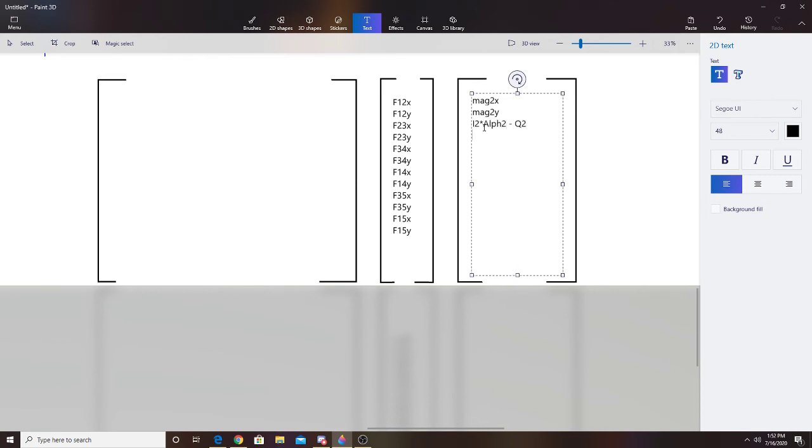All right. Then it's M3, oh yeah, that's right. Sorry, I keep forgetting to do that. M3 AG3x, M3 AG3y, and then it's I3 times alpha 3. And then it's M4 AG4x, M4 AG4y, and then it is I4 times alpha 4, and we're getting there.